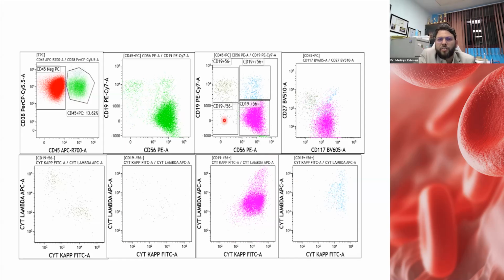And this 19 and 56 population over here is polytypic. So this and this population are monoclonal, and this is the polyclonal population. So in this way, flow cytometry helps in exactly identifying the plasma cells and their phenotype, and also says what proportion of the total plasma cells are neoplastic.